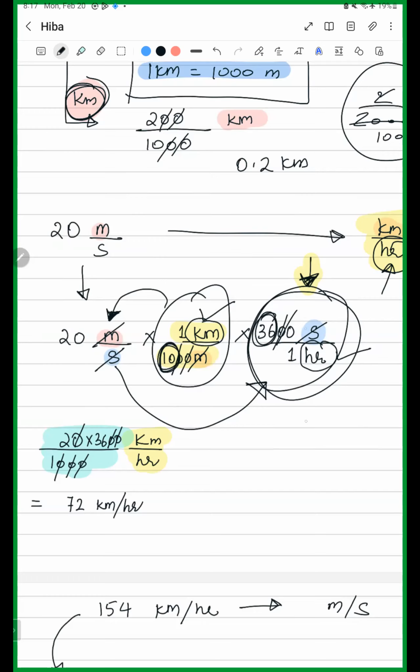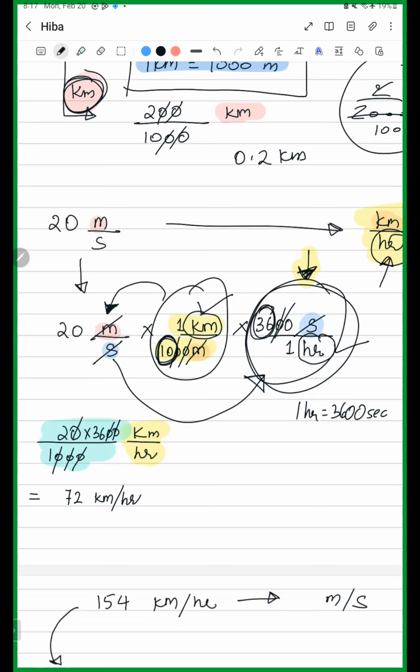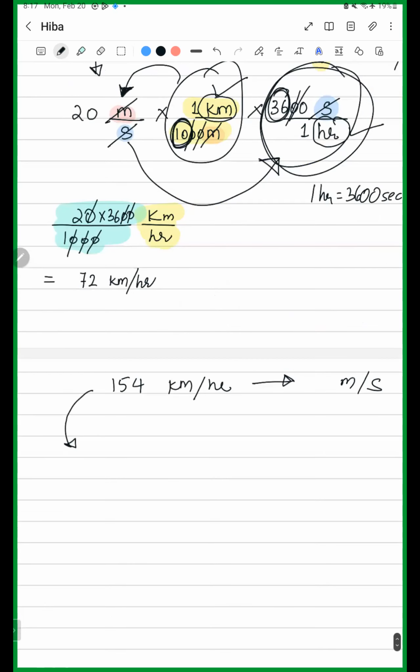Okay, I understood. Okay Hiba, do this and show me. We wrote 3,600 because 1 hour is equal to that. Hiba, you can do this at home, okay? And send me whatever you have done.